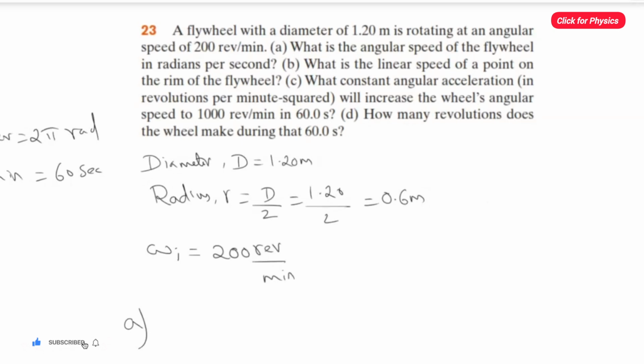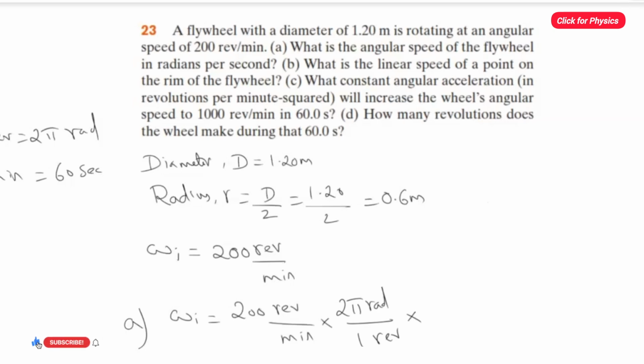So let's find the answer for radian per second. So omega I is equal to 200 revolution per minute. First I'm going to make the conversion for revolution to radian. So I have to make the revolution in the bottom, by that we can cancel revolution with this revolution. So 1 revolution is equal to 2 pi rad.